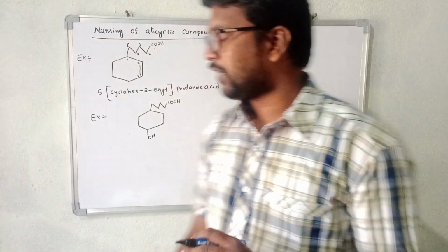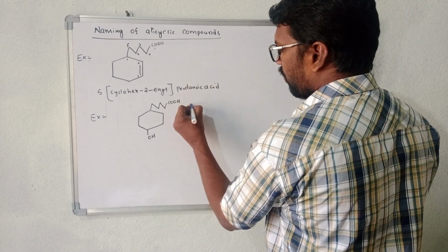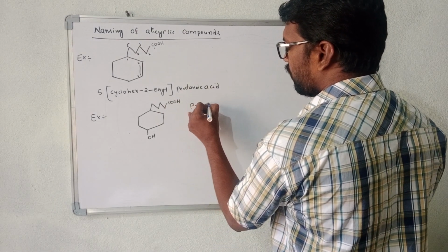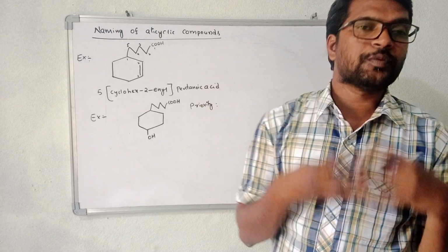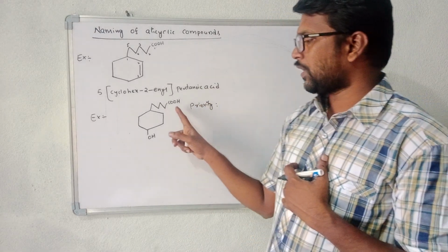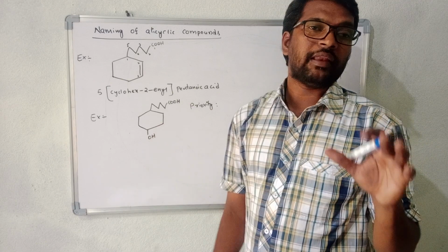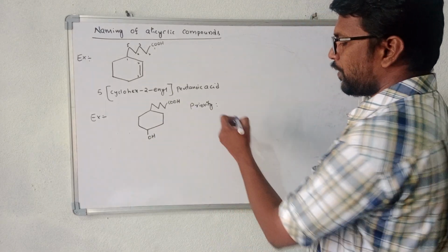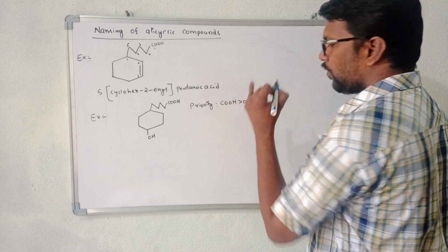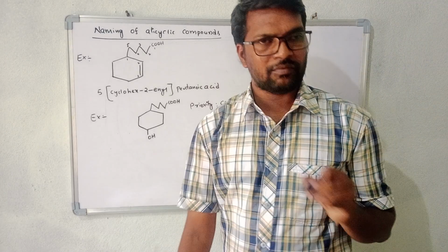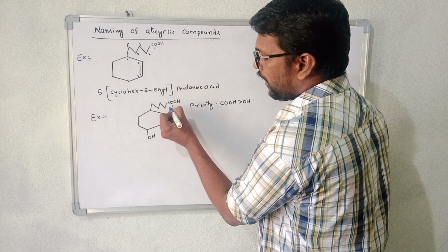In that condition we follow the priority order. Here the two functional groups are COOH and OH. Whenever you compare COOH and OH, priority is given to COOH. That's why it is taken as the major group.